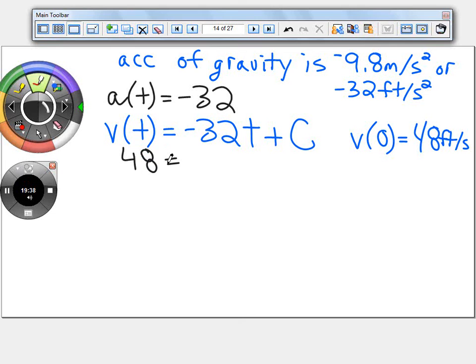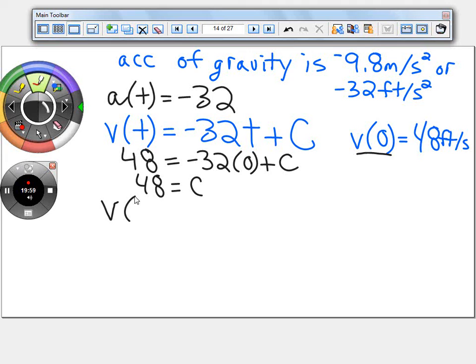We can actually just plug it in for the c, but I'm going to show the work. So negative 32 times 0 plus c. Turns out that c is 48. And that would always be the case. Pretty much whenever it's v of 0, you could probably just put the 48 right there for the c. So I'm going to go ahead and write what the v of t is. So our velocity function is equal to negative 32t, and now we know it's plus 48.